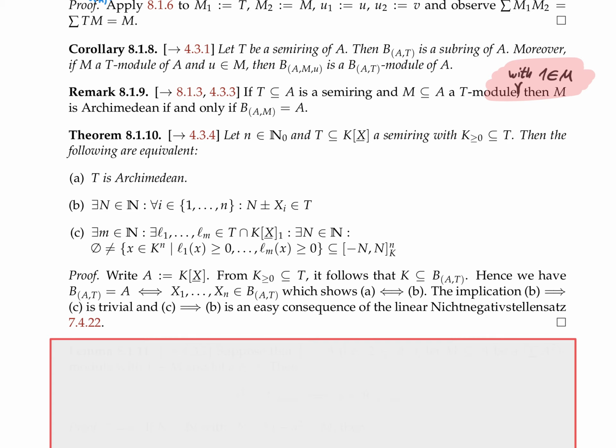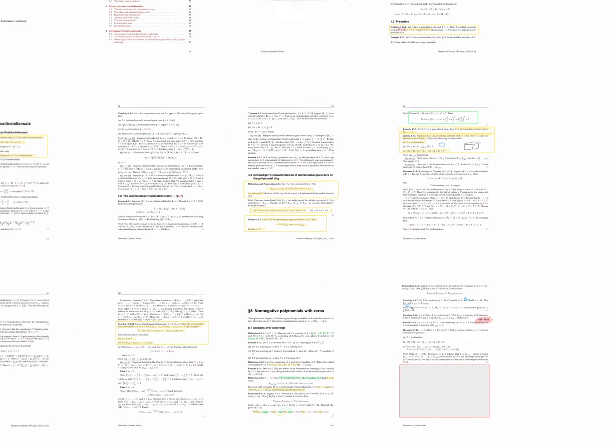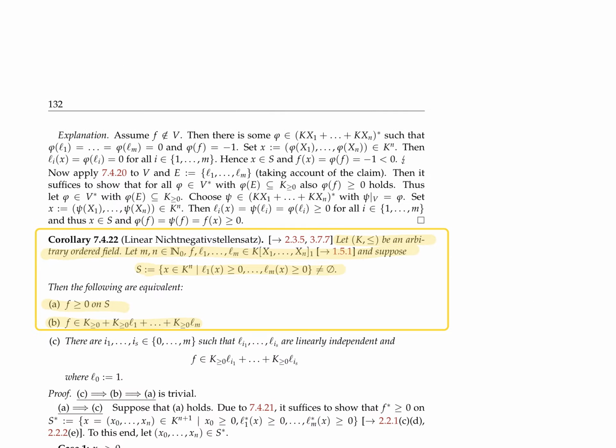And C implies B is an easy consequence of a linear Nichtnegativstellensatz 7/22, and here I need now this non-emptiness, because every n plus minus xi, because of this inclusion, is non-negative on this polyhedron. But by 7/4/22 there is then a nice certificate, because I have here the non-emptiness.